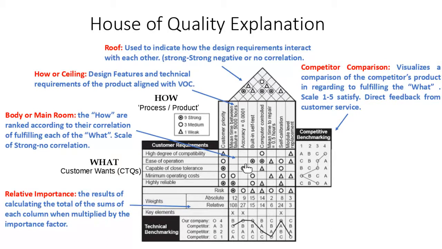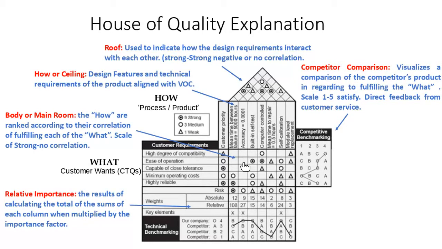That means if I want to see the correlation between the design feature of accuracy and the capability to close the tolerance, I will see there is a strong correlation between them, between the accuracy and the capability of being close to the tolerance. If there is no relation, you can leave it without a symbol, or sometimes people add a symbol for no relation in the matrix.